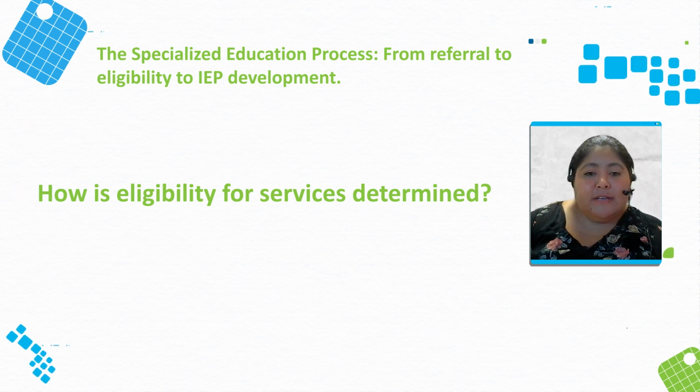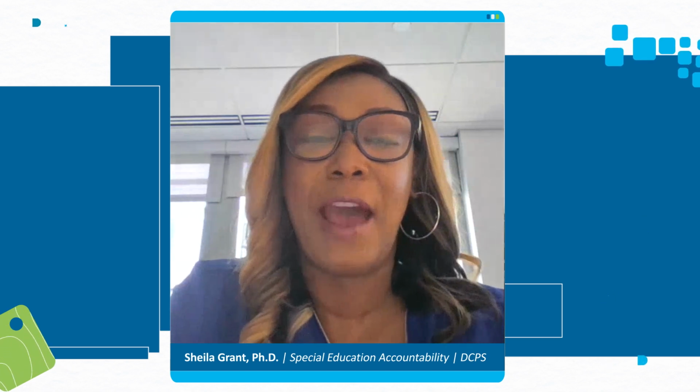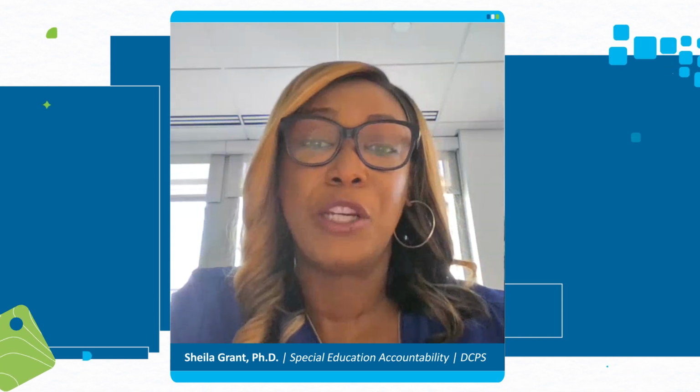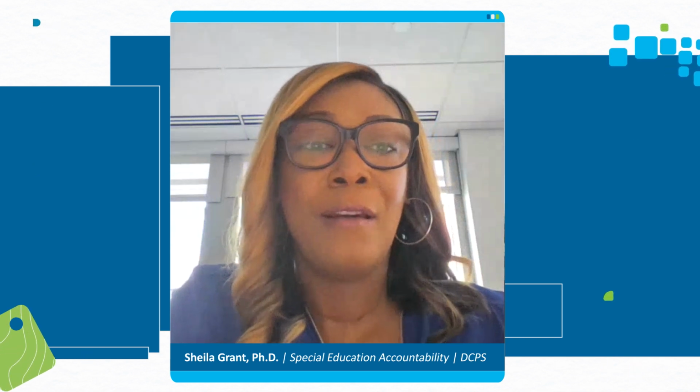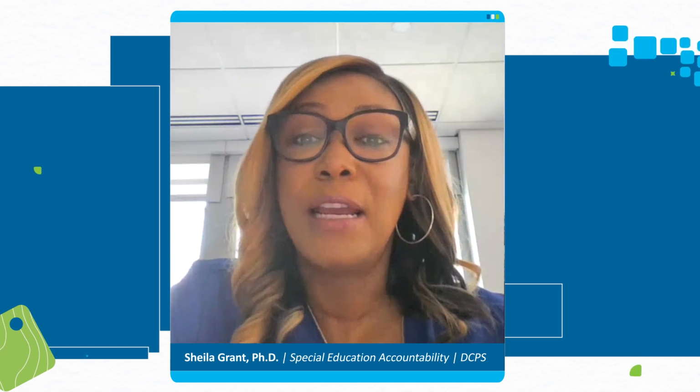Is there state level criteria? So once the team has determined that they have enough information to review, an eligibility determination meeting can be held. The eligibility determination meeting is used to review all of the available data.